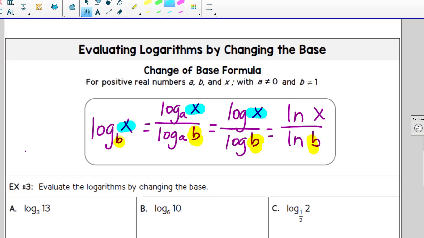And you can change the base to whatever you want, as long as it's the same top and bottom. So our old base is going to be on the bottom, and the thing we're taking the log of is going to be on the top. The base of this new thing, well, you can make whatever you want. They have to be the same, okay?